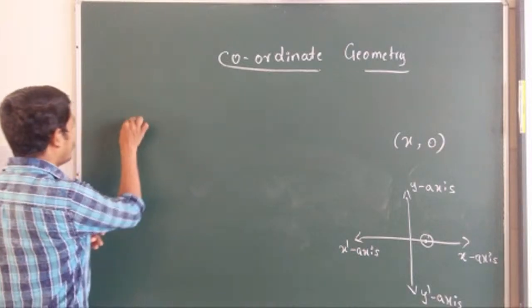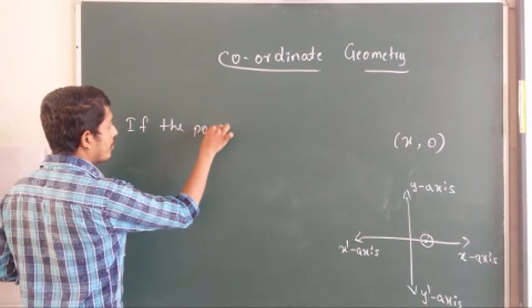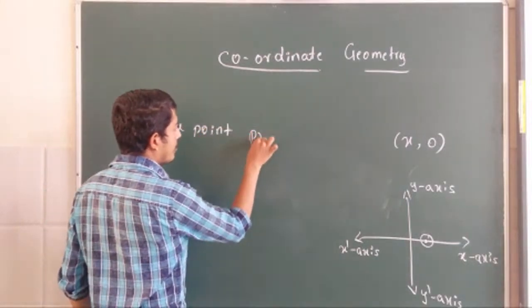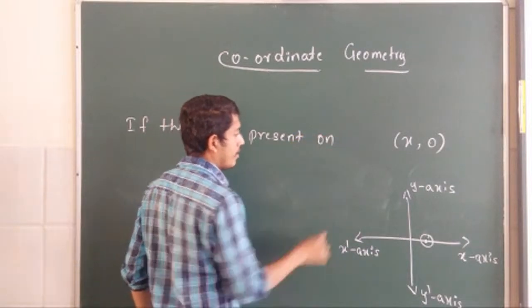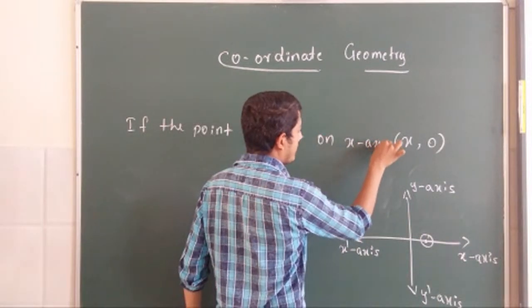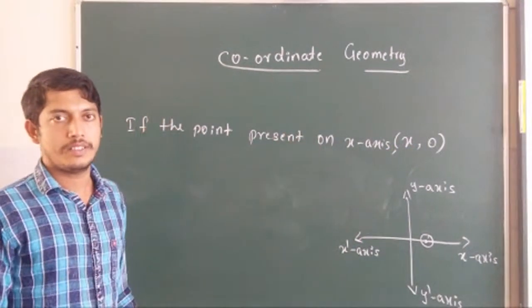Okay, if the point is present on the x-axis, then the coordinates are x, 0.